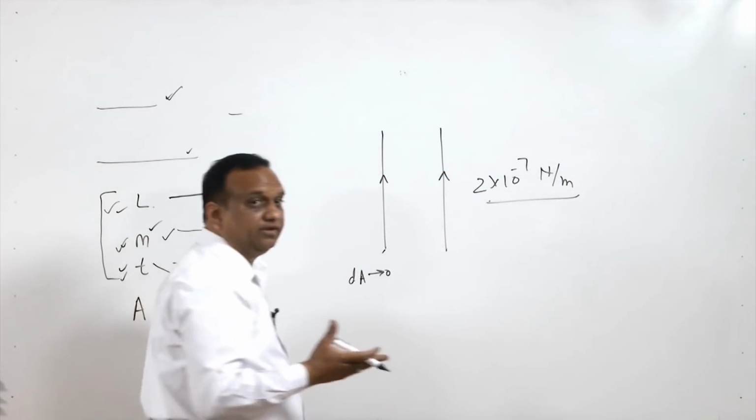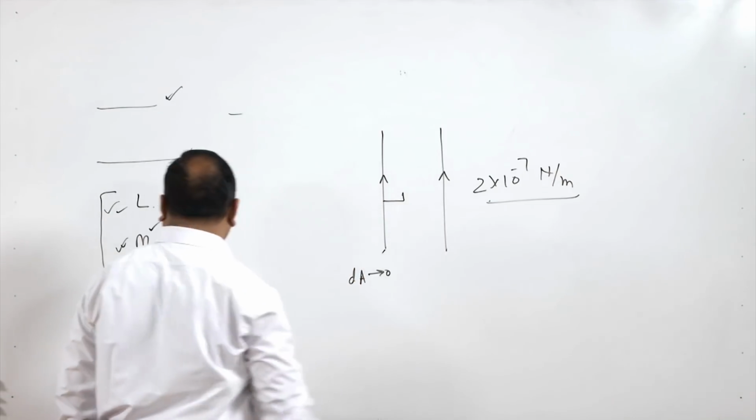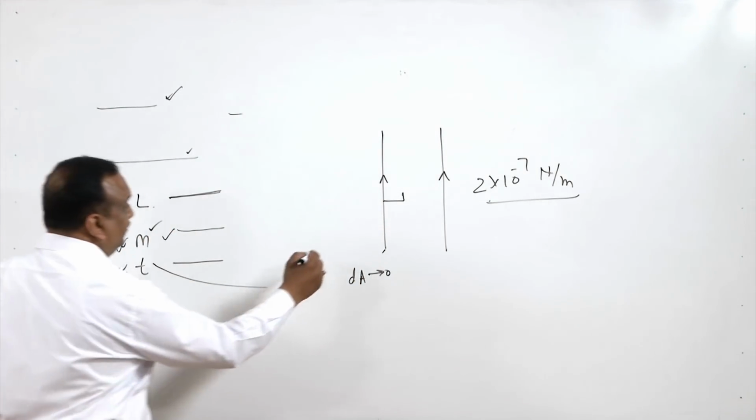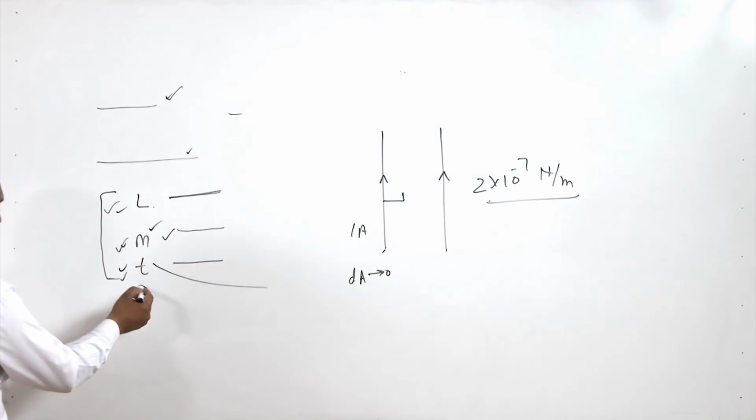If this much electromagnetic force is exerted, then we say that the amount of current is 1 ampere. So this is a new fundamental unit, current.